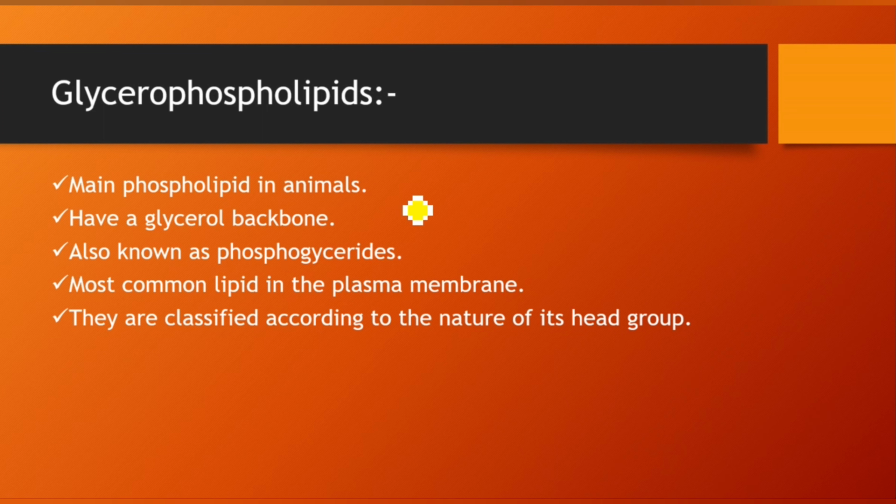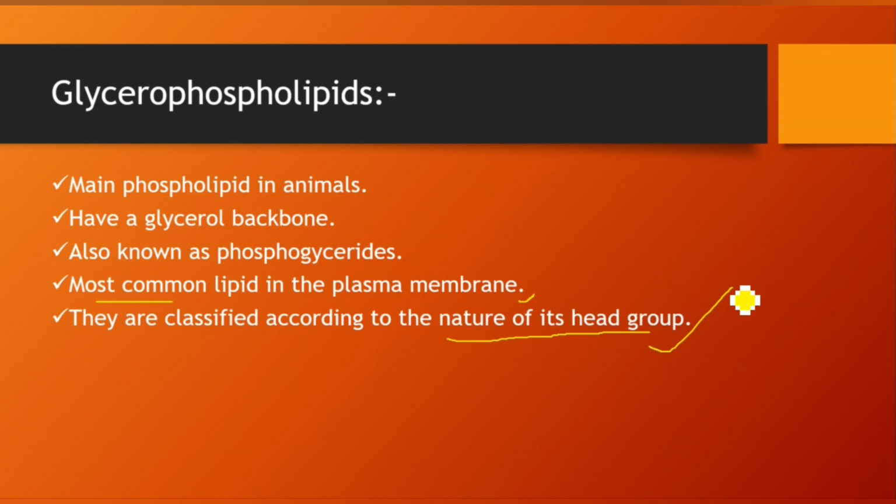Don't be confused here. Next, the most common lipid in the plasma membrane: glycerophospholipids are the most common lipid of the plasma membrane. They are found in majority. They are classified according to the nature of their head group, as I have told. They are phosphatidyl ethanolamine, phosphatidyl choline, phosphatidyl inositol.